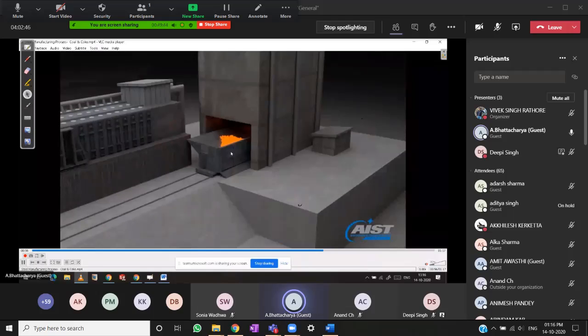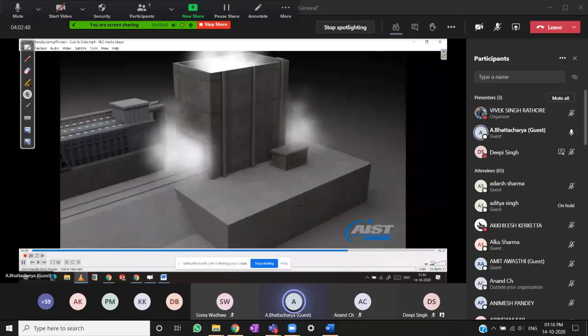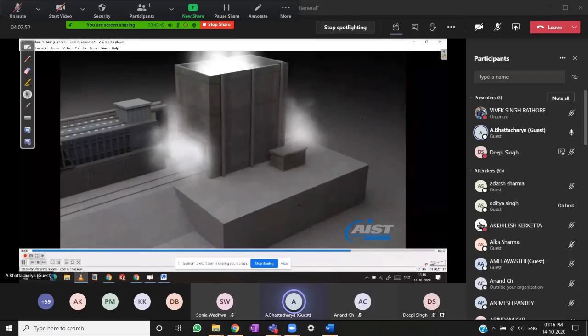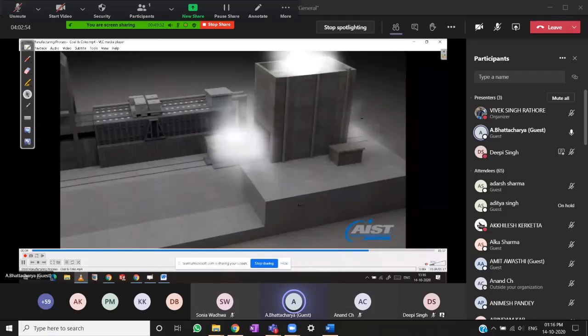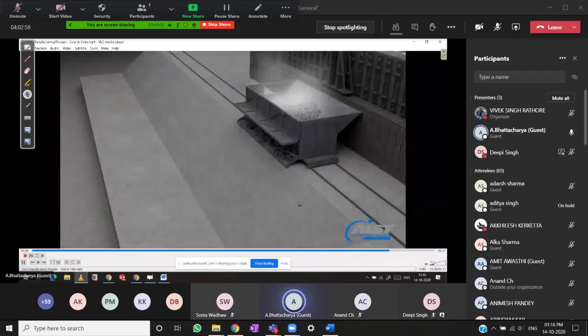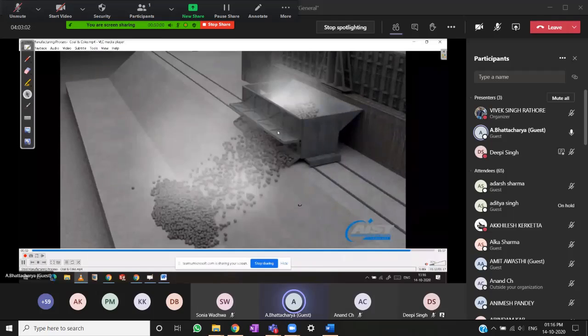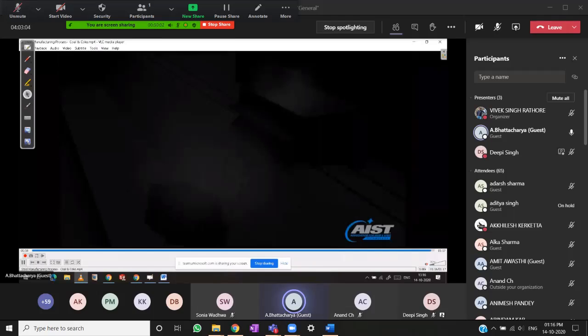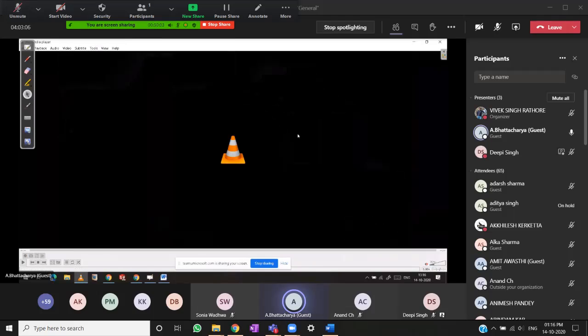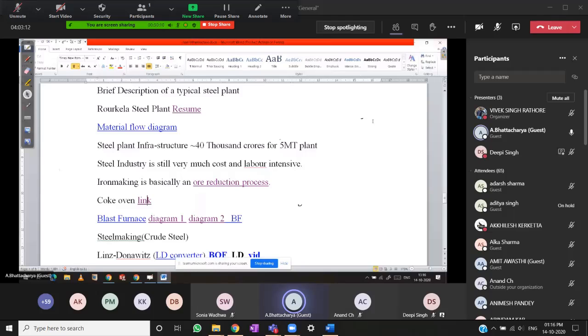Here, water is sprayed for about 90 seconds, because if the water content is more, then it will not work. So it has been quenched by water spray, and that coke is ready for use.